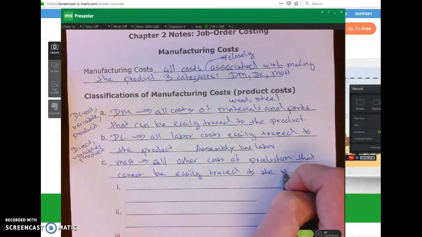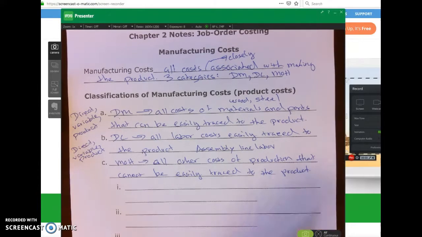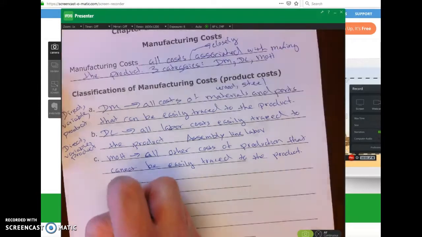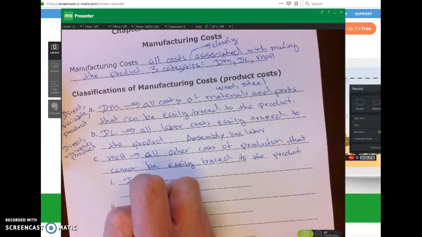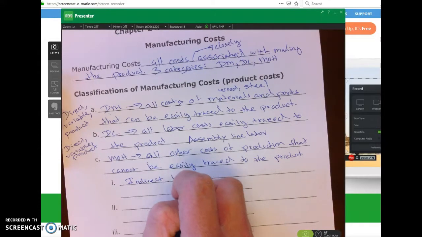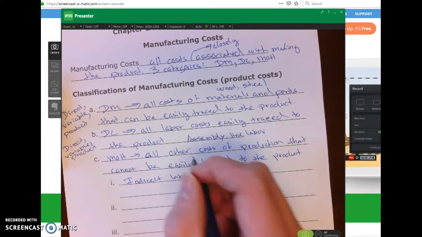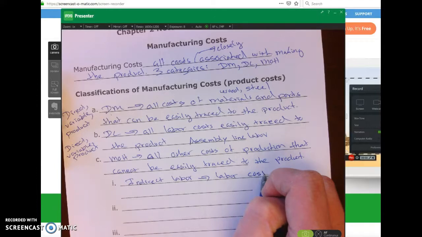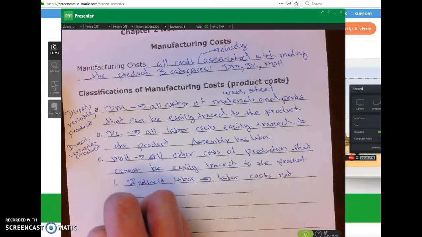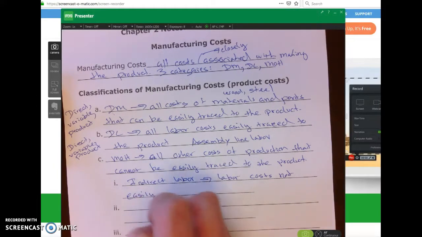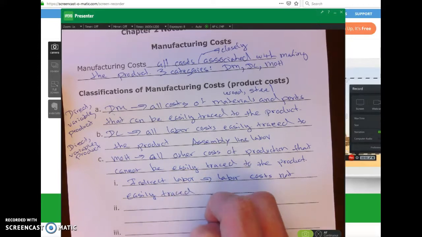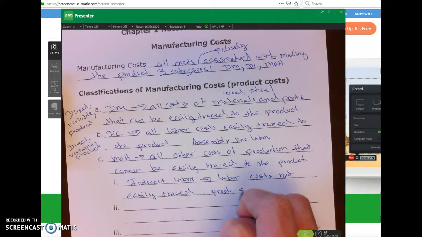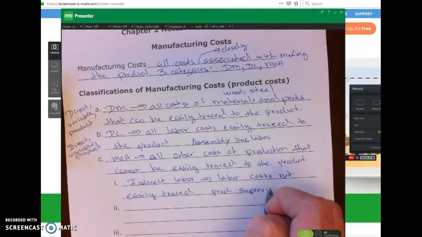There are three subcategories of manufacturing overhead. The first one is indirect labor, which we define as labor costs not easily traced to the product. An example of indirect labor would be a production supervisor's salary.